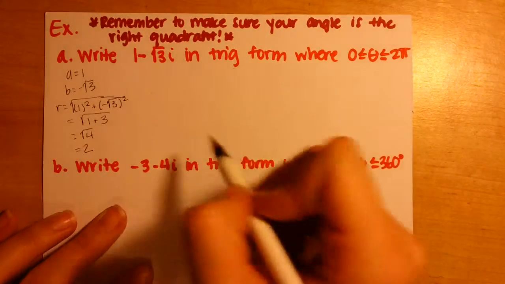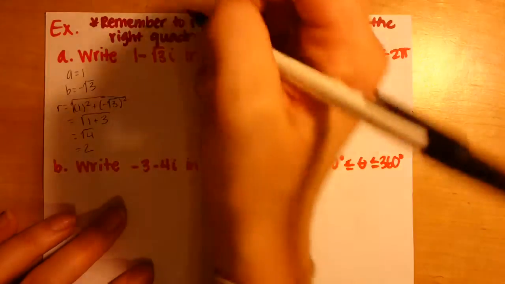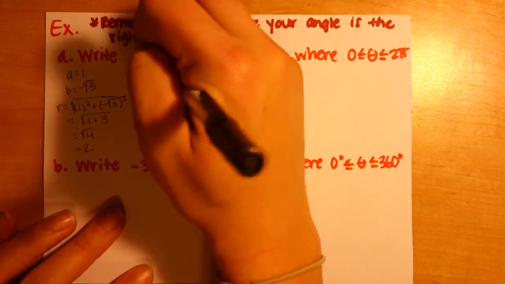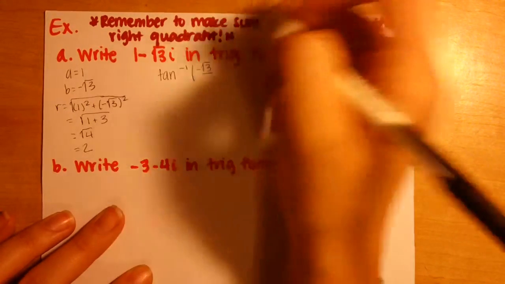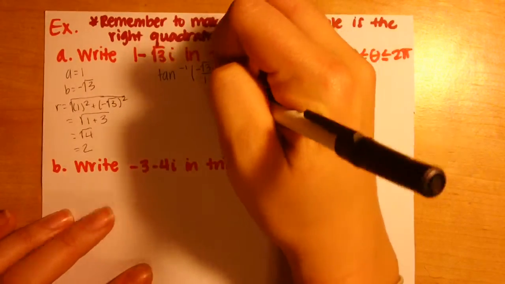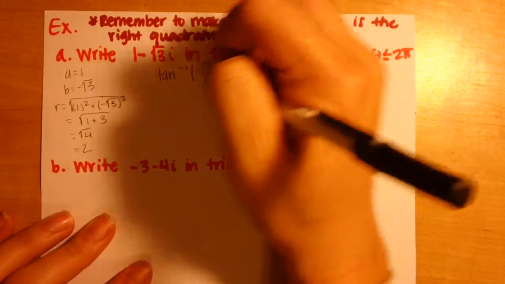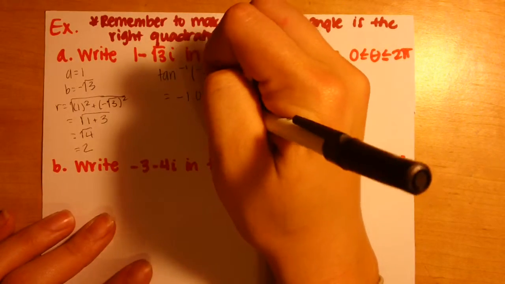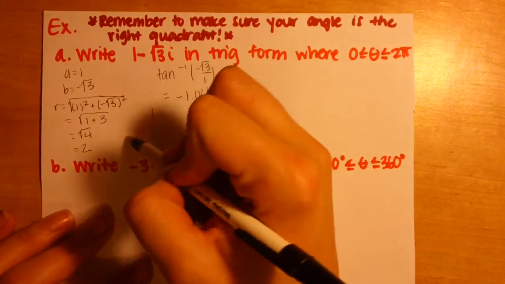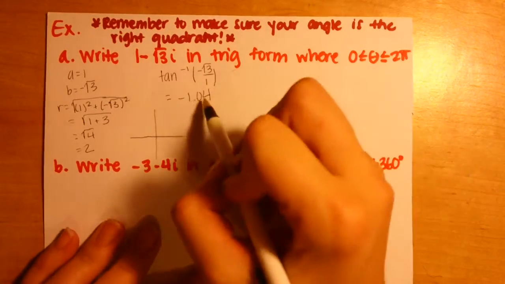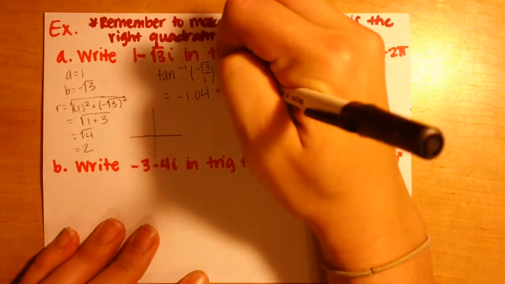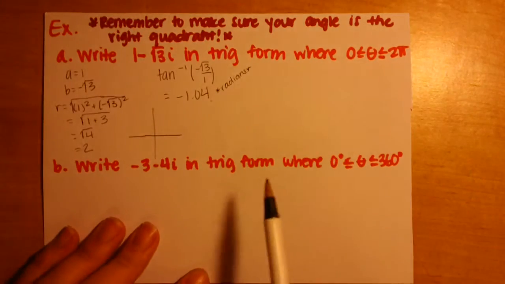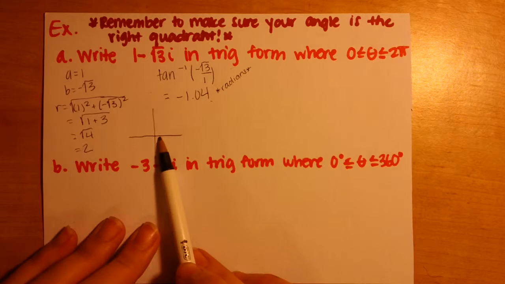Now we have our r, and we need to find theta. So theta, we can use tangent inverse of b, which is our negative square root of 3, over our a, which is 1. And that's going to give us negative 1.05. This is in radians. Okay, so now we've got to make sure we're in the right quadrant.